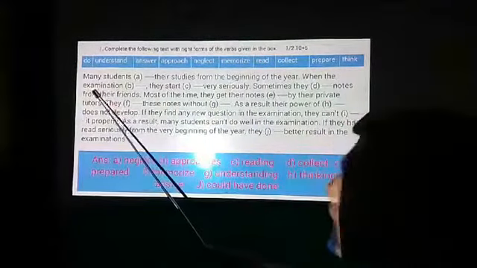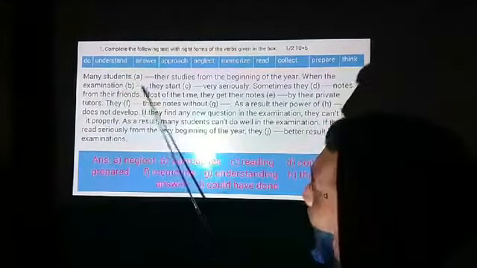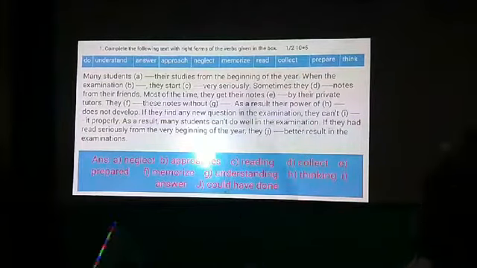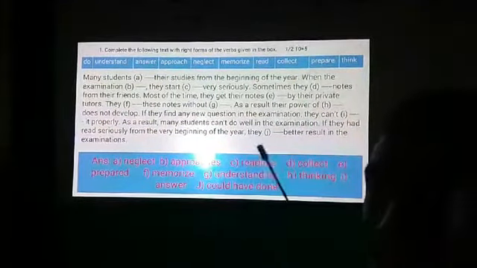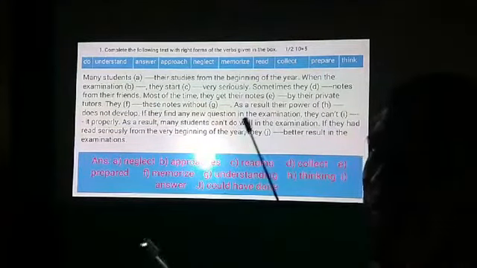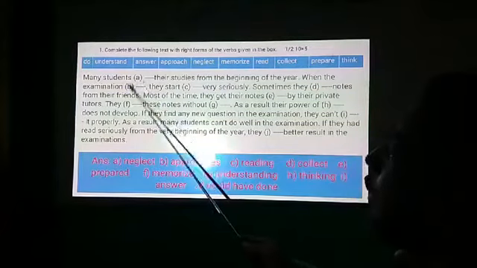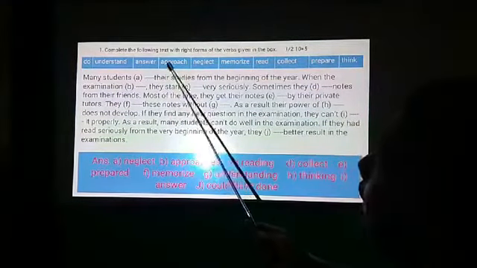When the examination approaches, this is the subject, so again I have understood here the verb will be a finite verb. So if I have understood it is a finite verb, then I have to test 3 things. I told you SNTV. Repeatedly you have to remember SNTV. So I choose a verb from the box, approaches.